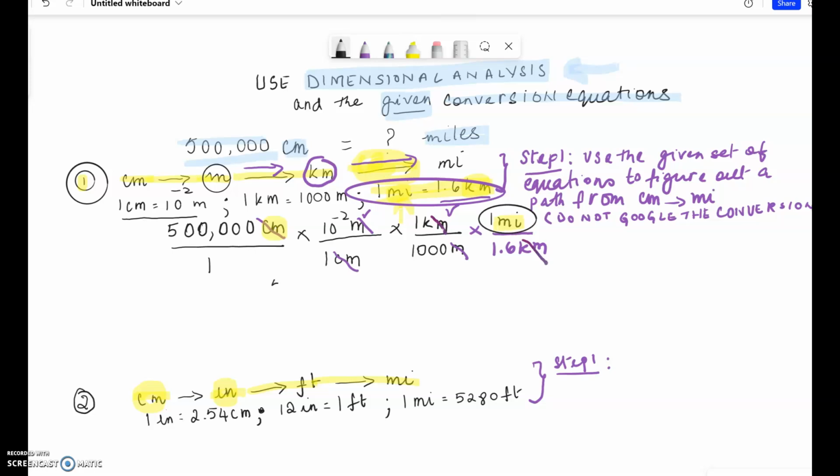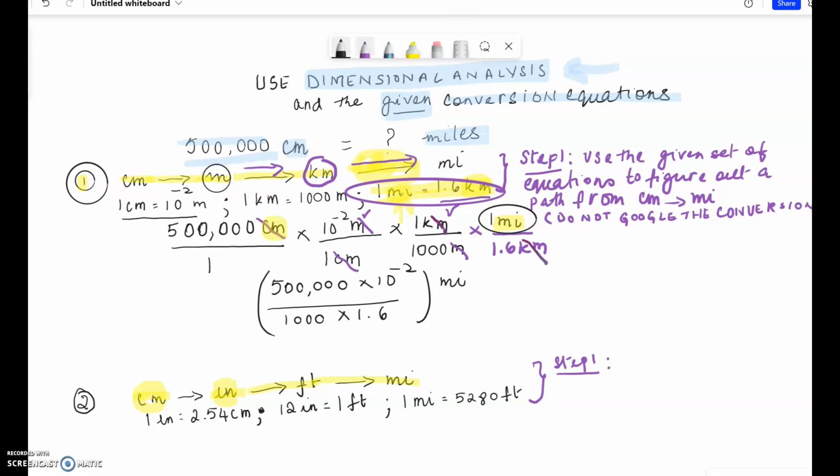Now, when simplifying, you have to be careful. It's 500,000 times 10 to the negative 2 divided by 1000 times 1.6. And this has to be simplified using a calculator, and your final answer is in miles.